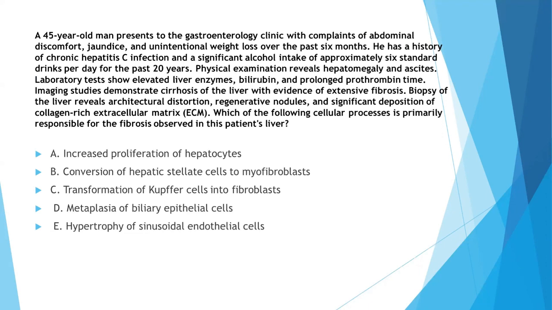Physical examination reveals hepatomegaly and ascites. Lab tests show elevated liver enzymes, bilirubin, and prolonged prothrombin time. Imaging studies demonstrate cirrhosis of the liver with evidence of extensive fibrosis. Biopsy of the liver reveals architectural distortion, regenerative nodules, and significant deposition of collagen-rich extracellular matrix. Which of the following cellular processes is primarily responsible for the fibrosis observed in this patient's liver?